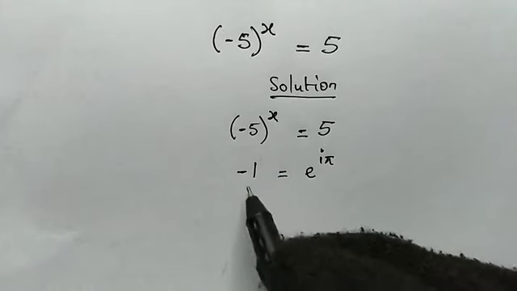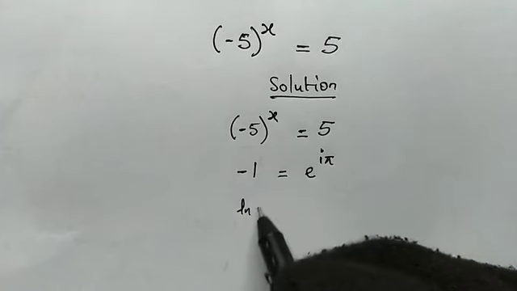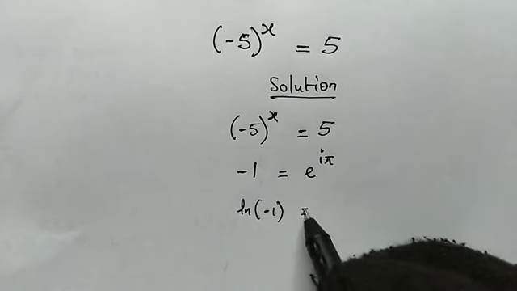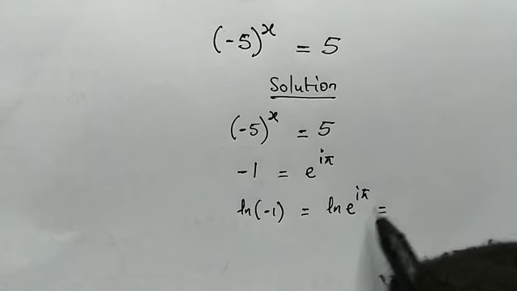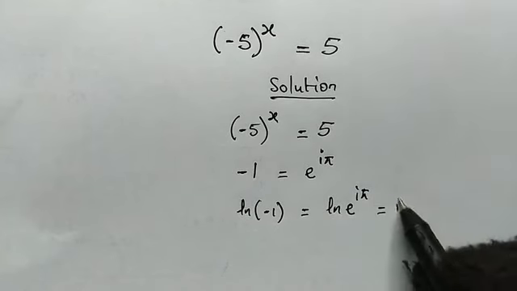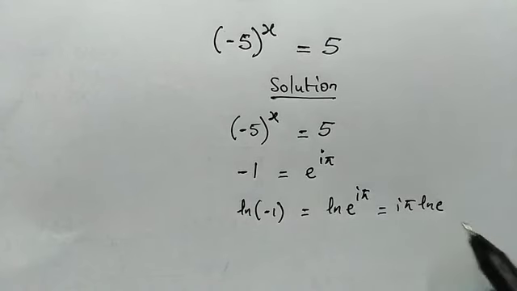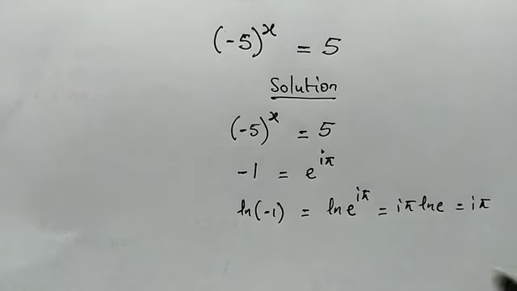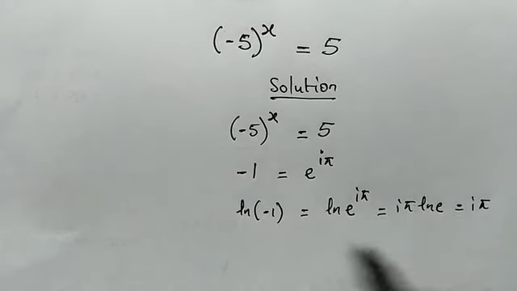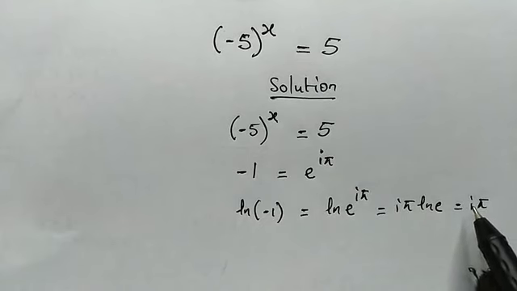So this is telling us that if you natural log both sides, we get the natural log of negative 1 will be equal to the natural log of e to the power of i pi. And moving this power down here, we have i pi times natural log of e, and we know that the natural log of e is 1, which is equal to i pi. Therefore, the natural log of negative 1 is equal to i pi.